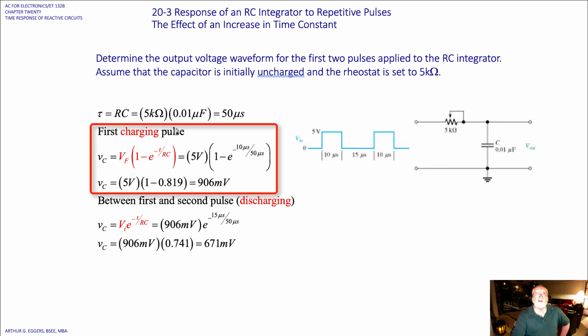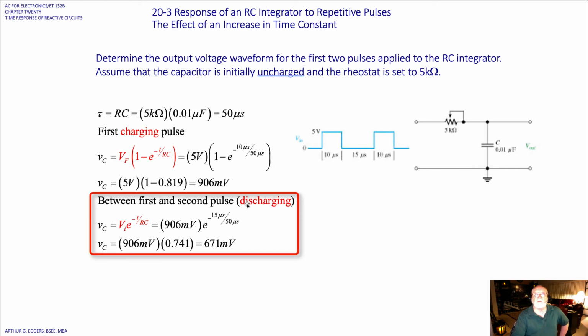The first charging pulse we can calculate using the exponential relationship that we've seen. We have 5 volts times 1 minus e to the minus t over tau, so minus 10 microseconds over 50 microseconds, which gives us a voltage of 906 millivolts across the capacitor.